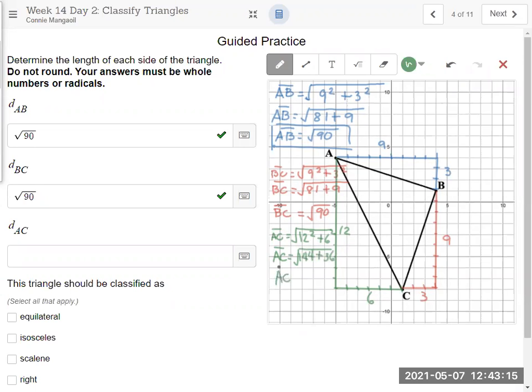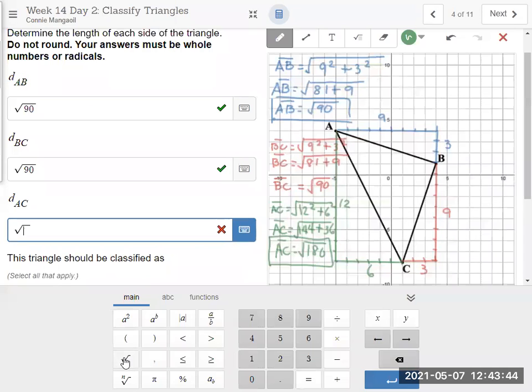So our AC is equal to the square root of 144 plus 36, which is 180. Now again, if you try to put the square root of 180 into the calculator, it would give you a decimal. So we are keeping the radical. So your AC is equal to the square root of 180.